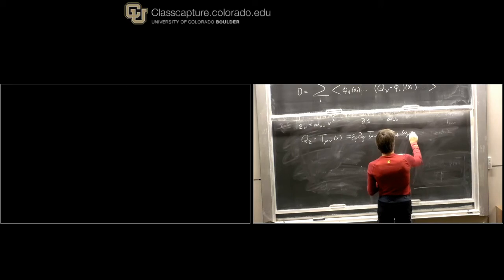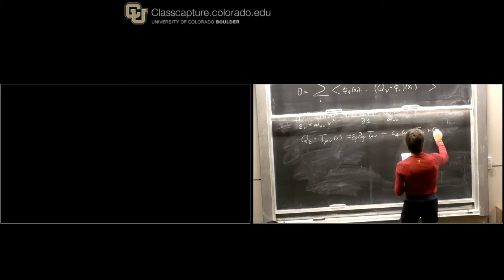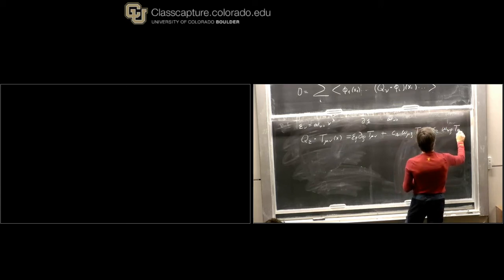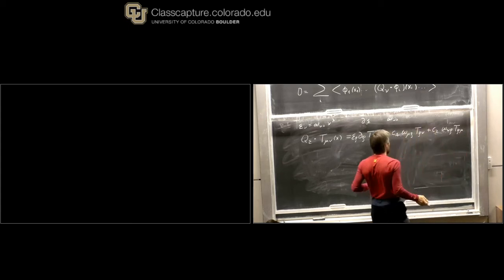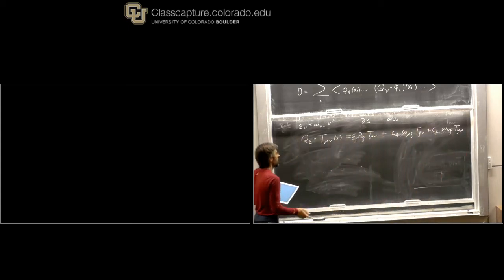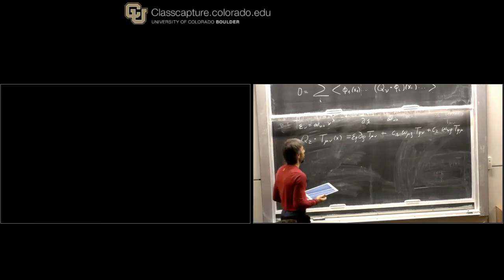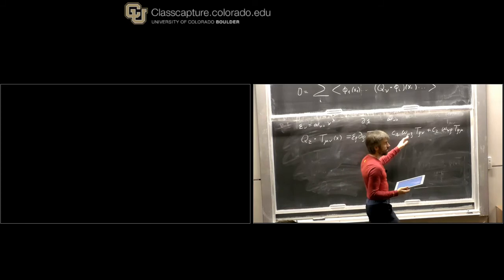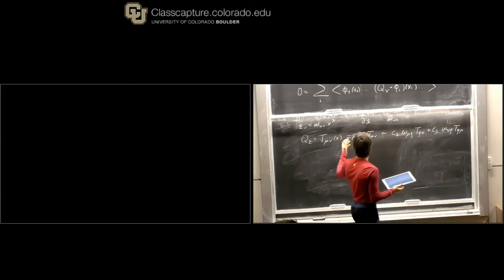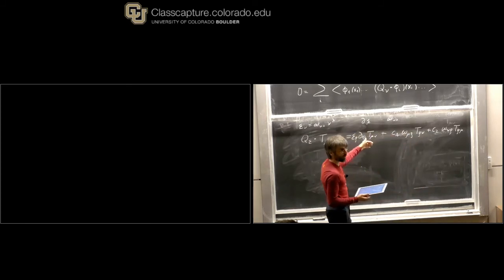So the only two terms which I can write down are C1 omega mu rho T rho nu plus C2 omega nu rho T rho mu. These are really the only terms that I can write down which are linear in omega and which respect the dimensions of our equation.